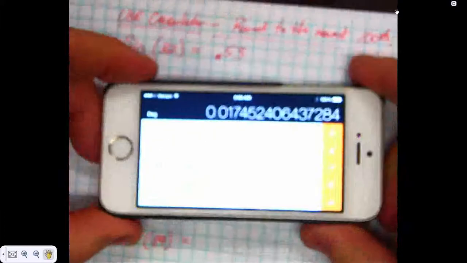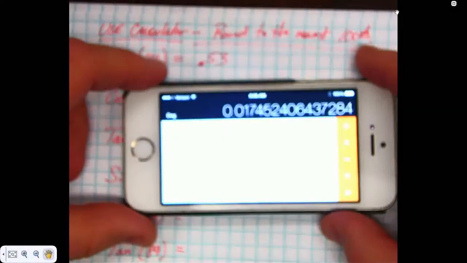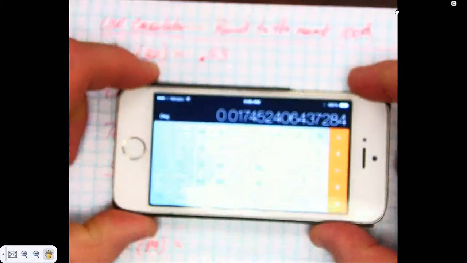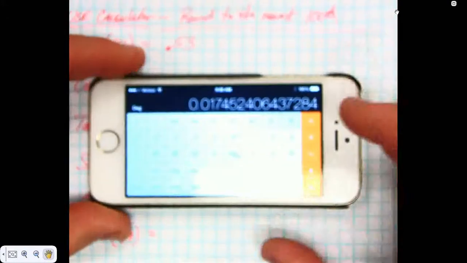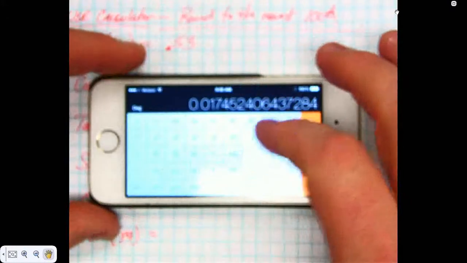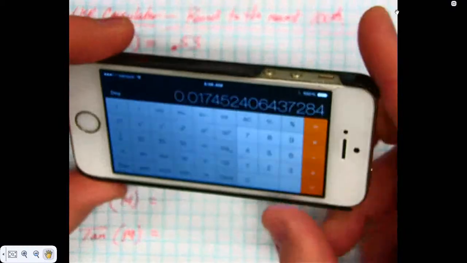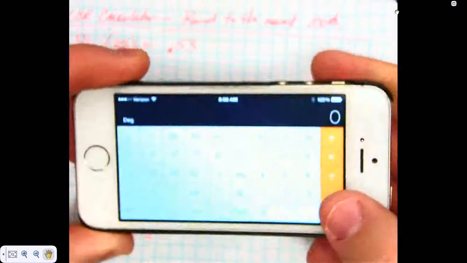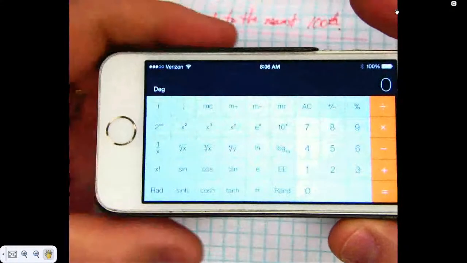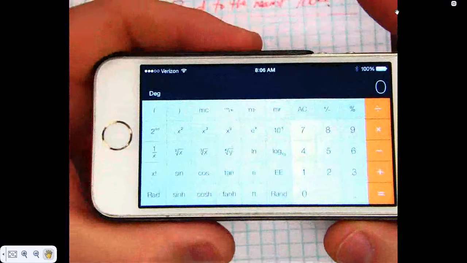Okay, turn the light back on. Where do I clear this thing out at? Why won't it focus on this? All right, here we go.